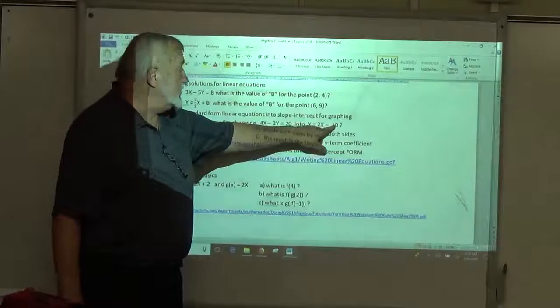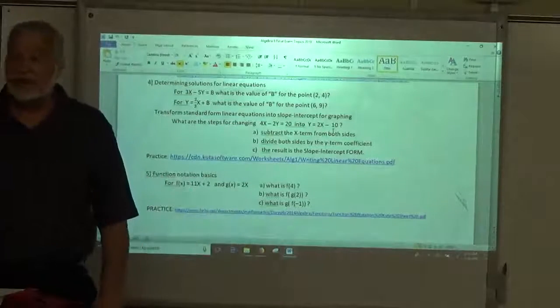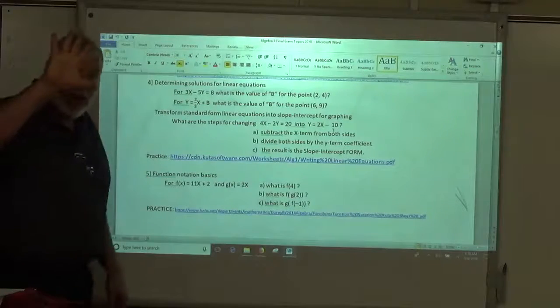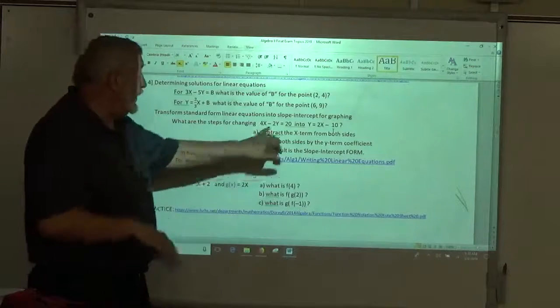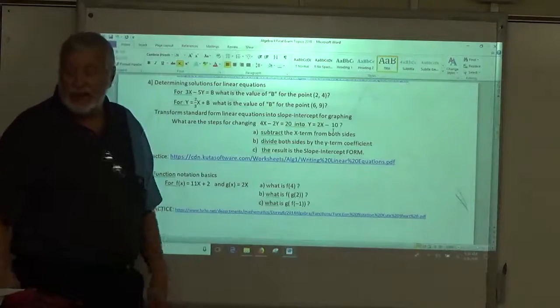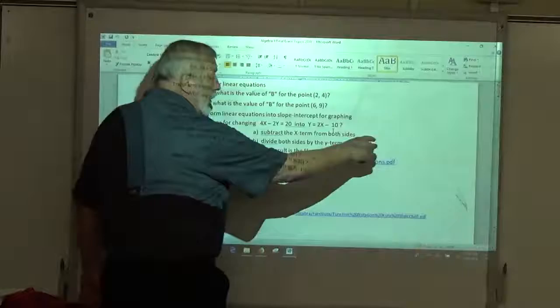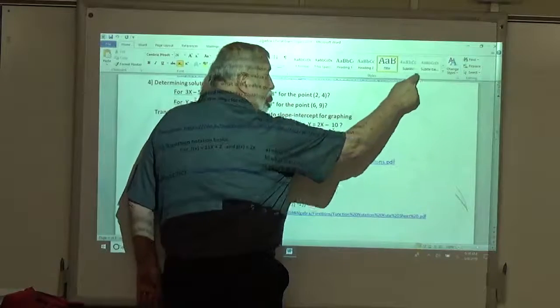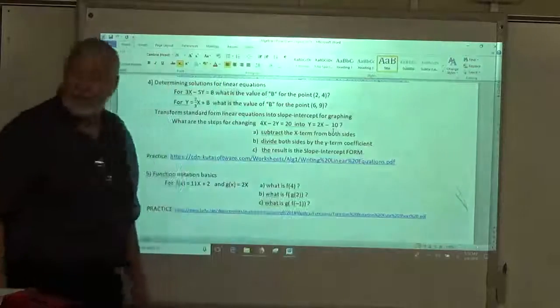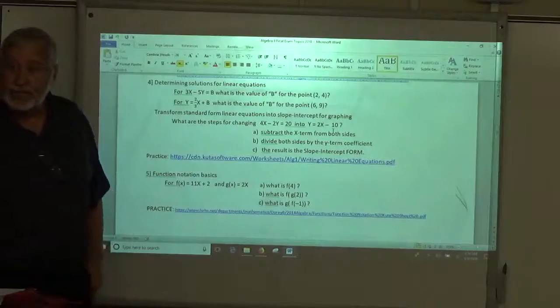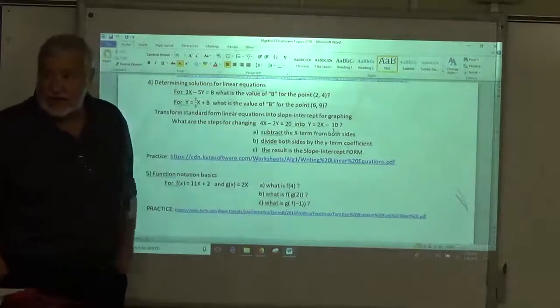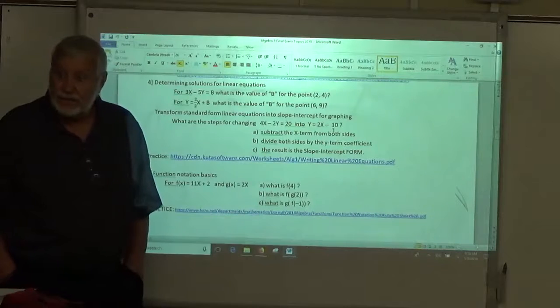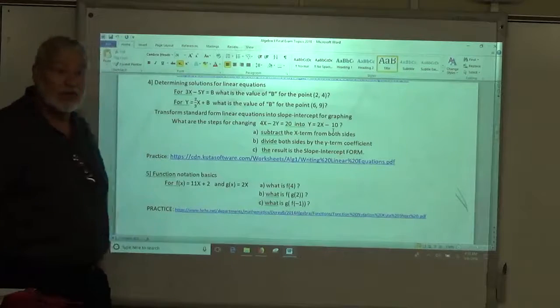Negative 2. What is negative 10 divided by negative 2? Positive 5, right? So my intercept is going to be at plus 5. If we were graphing it, we'd go up 5, put a dot, and then we'd go up 2 over 1, up 2 over 1. And we graph it. Again, is that Algebra 2? No, that's Algebra 1. But it's things that you have to remember from Algebra 1.